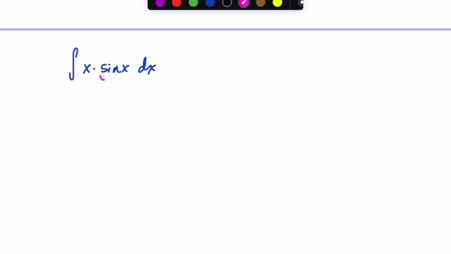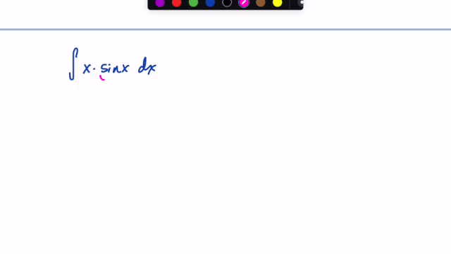So already we're off to a good start. I have a dv that I do know how to anti-derive. The other part of this is that this first function has to be u. So if u is equal to x, du is equal to dx, and that's going to make life pretty easy, because you can see what will happen if I put the pattern up there on the screen.